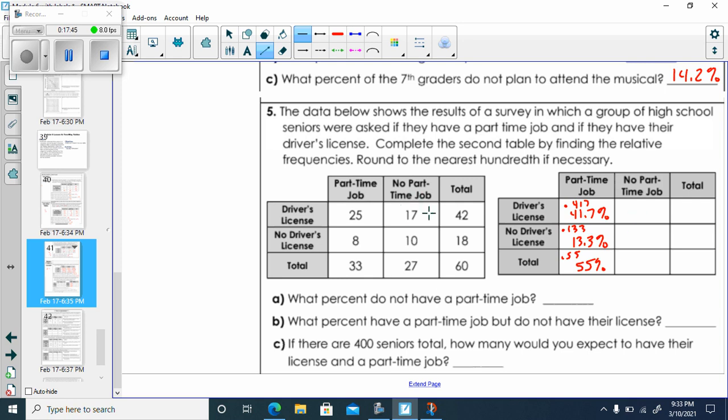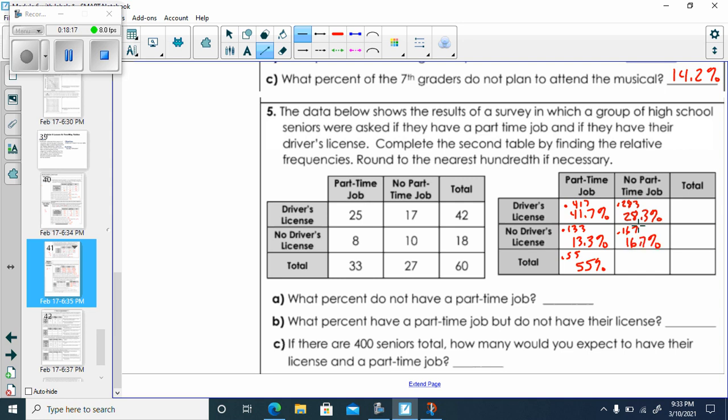Now, let's see about the no part-time job. Here it says 17 out of the 60. 17 divided by 60 would give me 0.283, or 28.3%, same thing. All right. 10 of the 60. 10 divided by 60 would give me 0.167 or 16.7%.